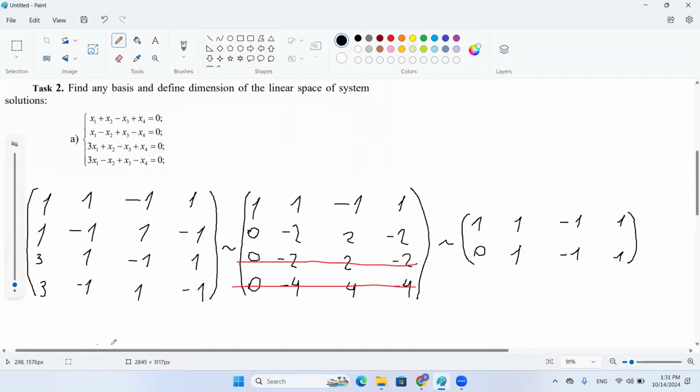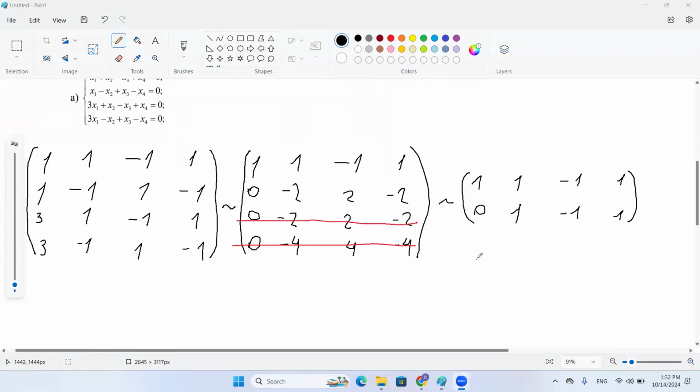So, who can define the dimension of a linear space? Second. Yeah, so the dimension of the current linear space equals the rank of the matrix.